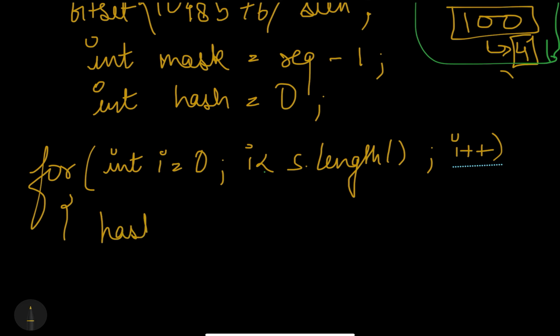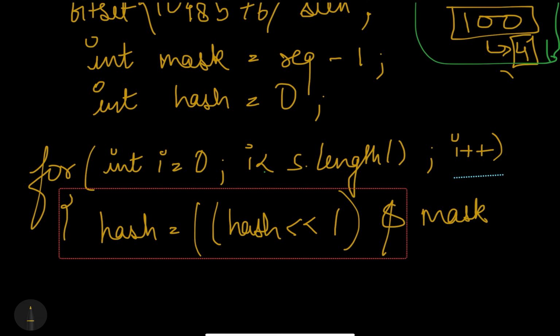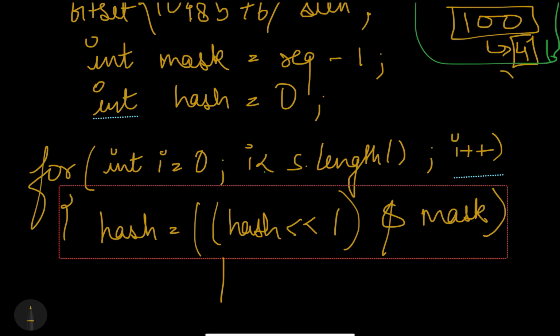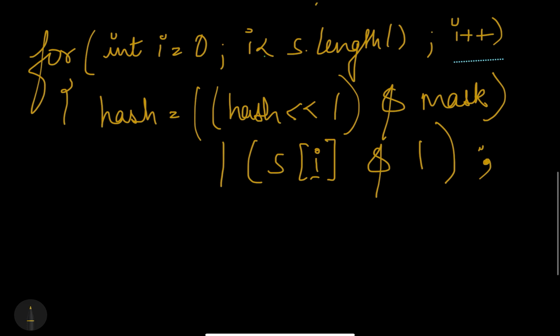Now we'll update our hash with our current substring, which is hash left shift 1, and with the current value of mask, and or with the rightmost position. Initially, it will contain 0, and we'll and it with 1. It will give us whatever the value of s[i] is, and this will give us our current substring.